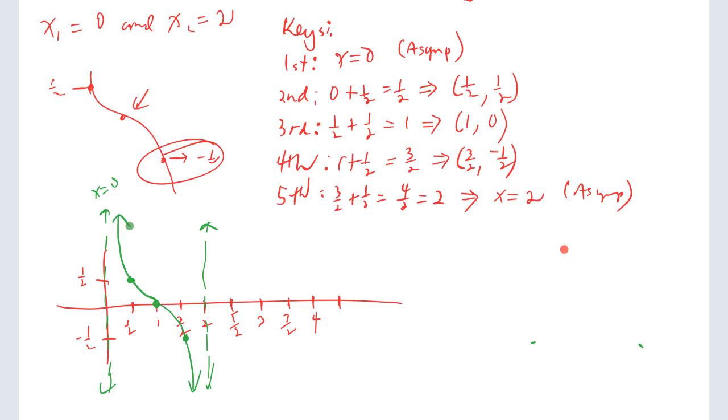Since I now have the shape here, I can just follow the same shape to extend the graph, to achieve the requirement of the problem, having two periods. So there you go. This is now the graph of the second function.